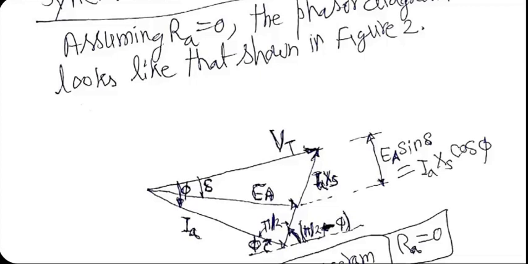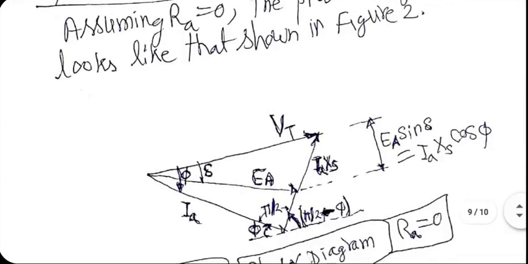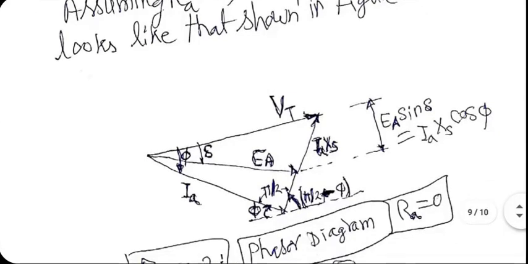Now, armature current has to be figured out based on the equation we have already seen. And that will have a different angle, phi, which will not be equal to delta. So that can also be drawn on this phasor diagram as the fourth phasor.